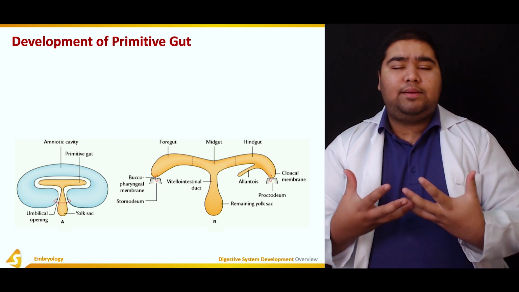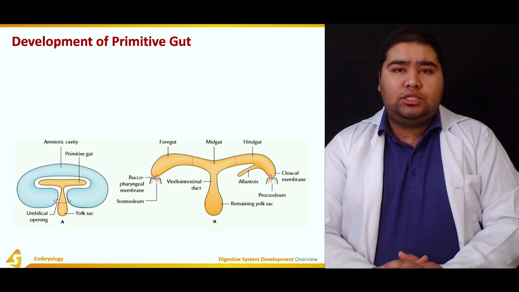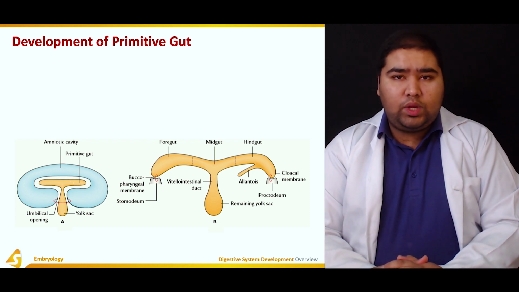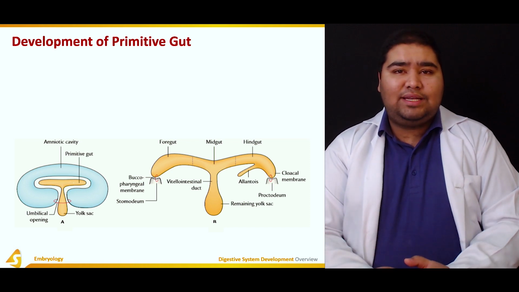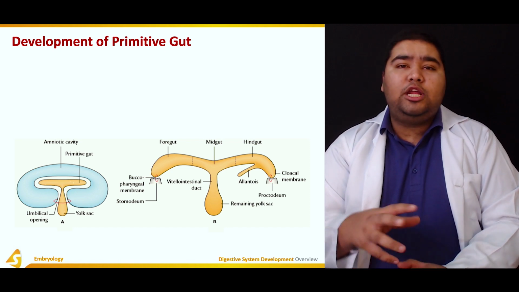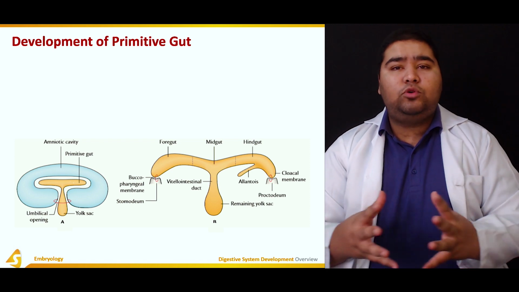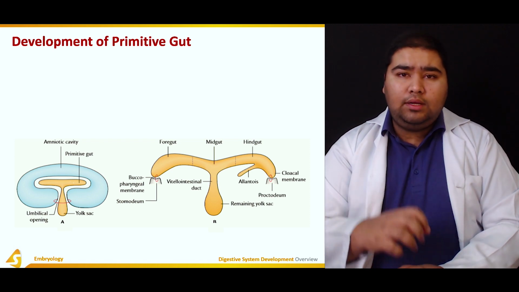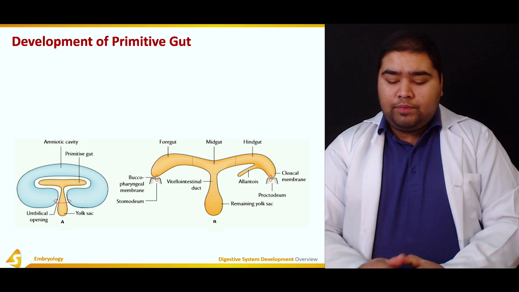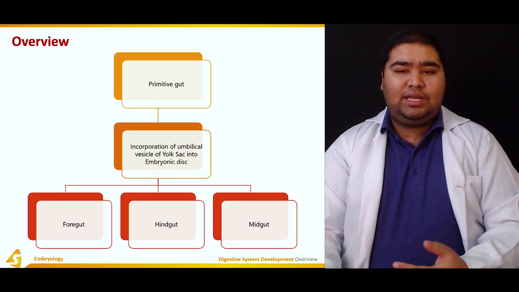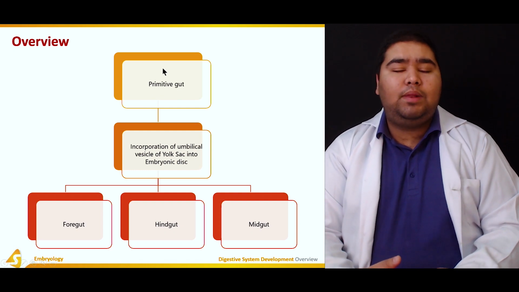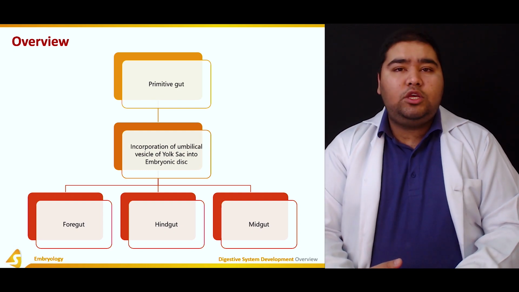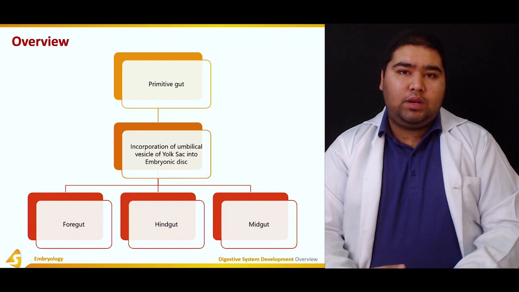So the gut is divided into three sections on the basis of communication with the yolk sac. How did this communication with the yolk sac develop? By absorption of a large portion of the yolk sac into the primitive gut. Now, going back to the first slide, this primitive gut is formed by the absorption of the umbilical vesicle of the yolk sac within the embryonic disc.